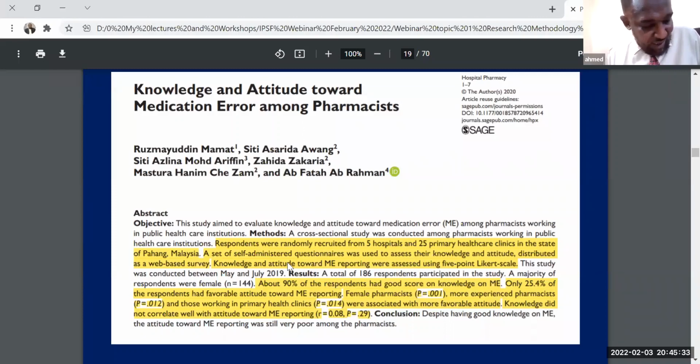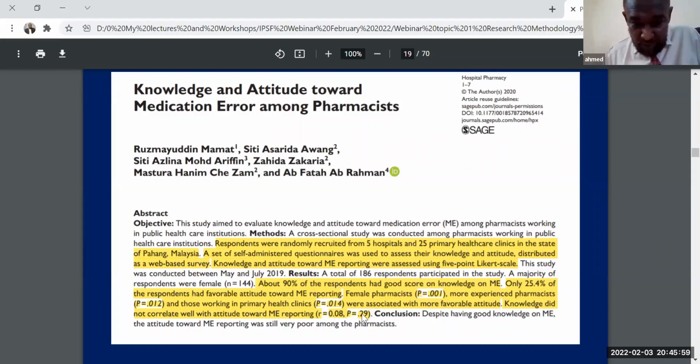The answers start from strongly agree, agree, neutral, disagree, strongly disagree, considering that strongly agree is 1 and strongly disagree is 5. So it's called a 5-point Likert scale. And I will comment on some of the advantages of this one.